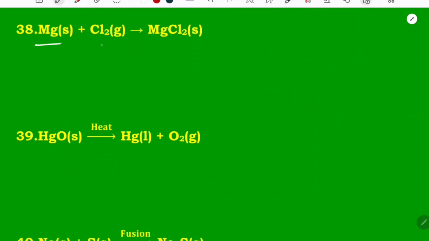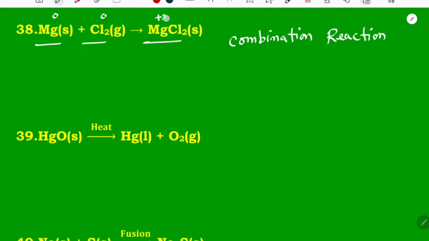Next question. Magnesium is reacting with chlorine to form magnesium chloride. Two or more reactants combine to form a single product, so it is a combination reaction. Ignoring that, here 0, here 0, here +2, -2.